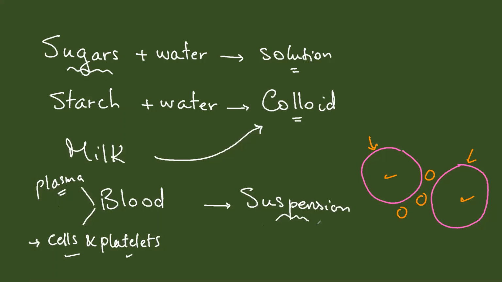But on one condition, that this plasma is moving, we can say that it is a suspension. Now, why do I say this? Because if the plasma is moving with a steady speed as in our blood, this means that the blood cells are moving with it. Suppose that the plasma lowered its speed or stopped.